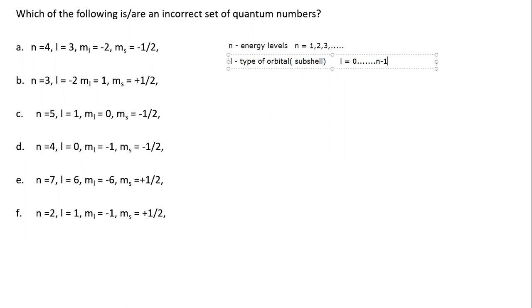Now for types of orbitals, we typically use letters to denote the orbital type. L equals 0, we refer to as an S orbital. L equals 1, a P orbital. L equals 2, a D orbital.